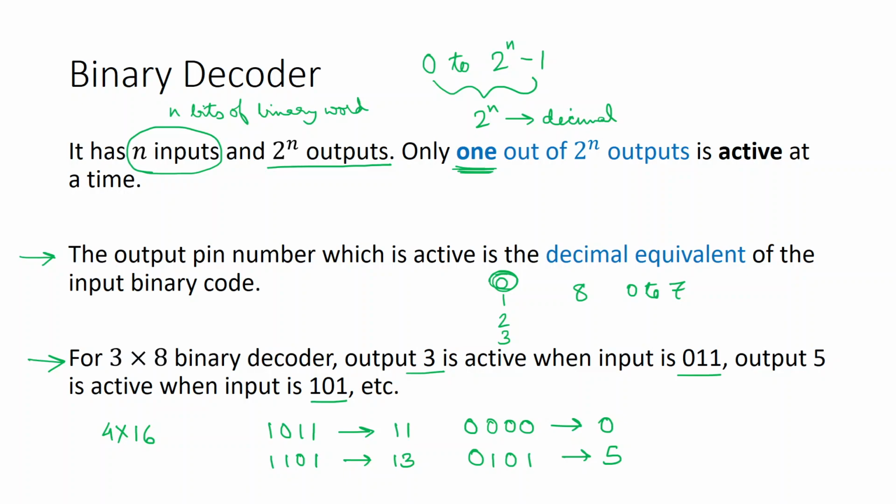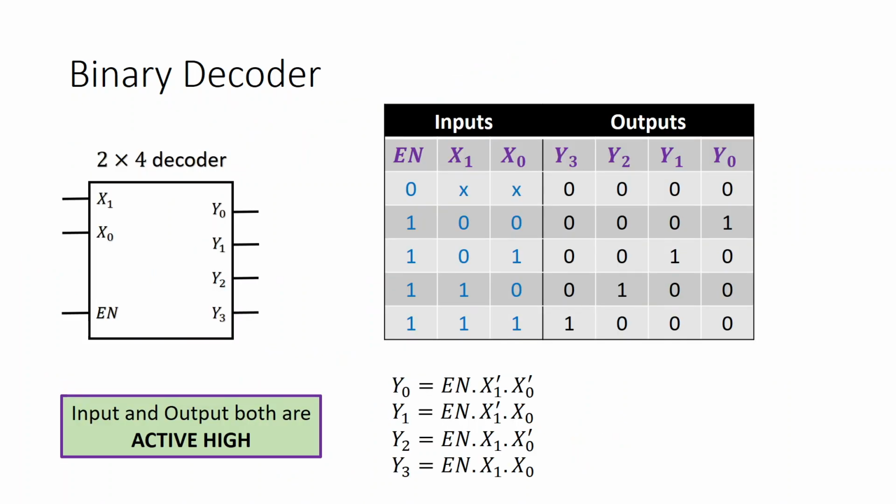Now whether that activity will be expressed by a high or a low is termed active high and active low. If that output is going to be high when it is active, then it is active high. If it is going to be low when it is active, it will be active low.